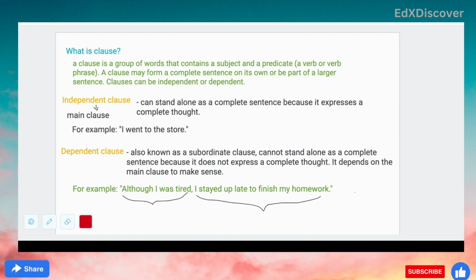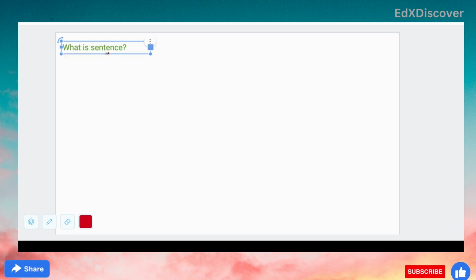Yes. And now let's see what is sentence. So a sentence is defined as a group of one or more words and they can begin with capital letters and finish with a punctuation mark.